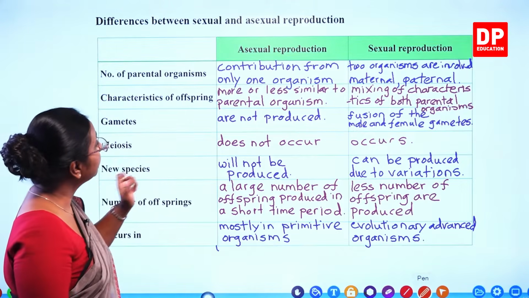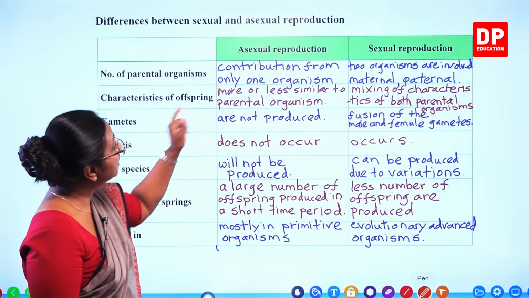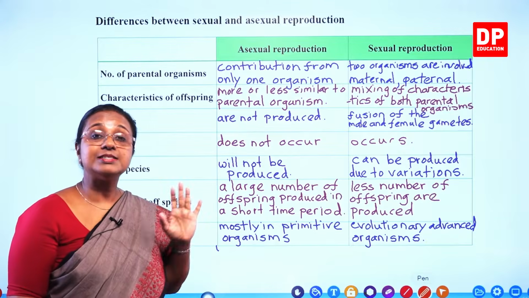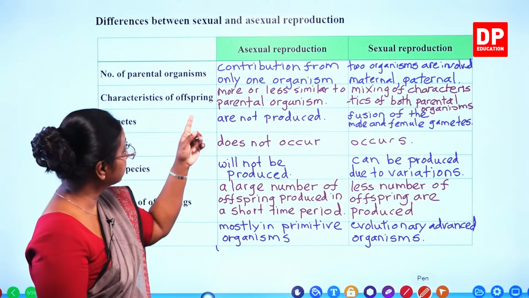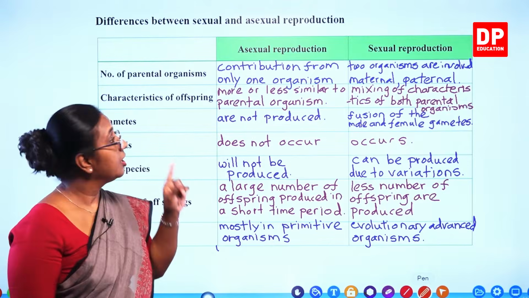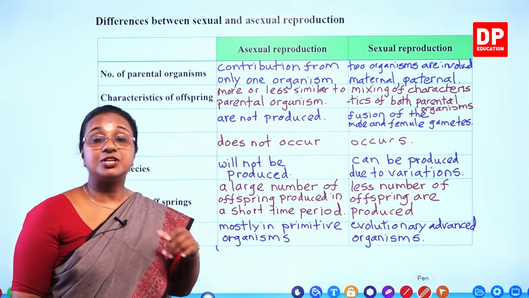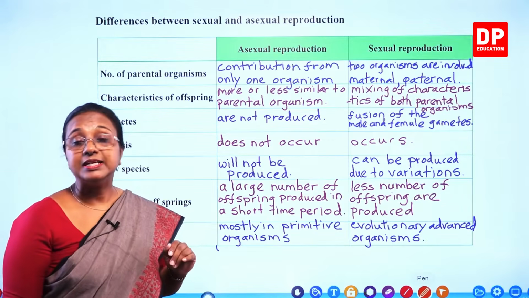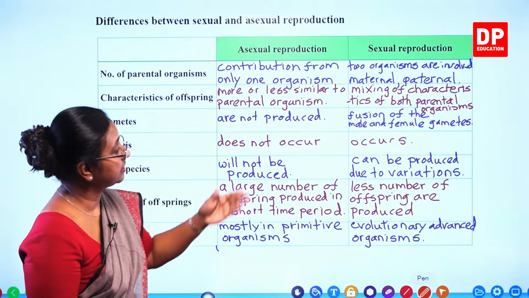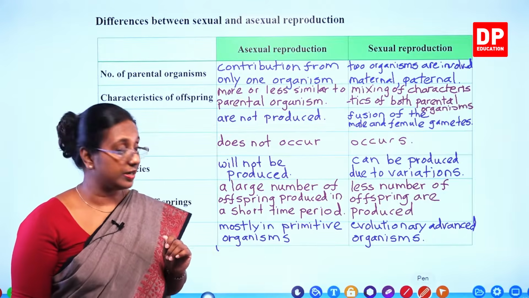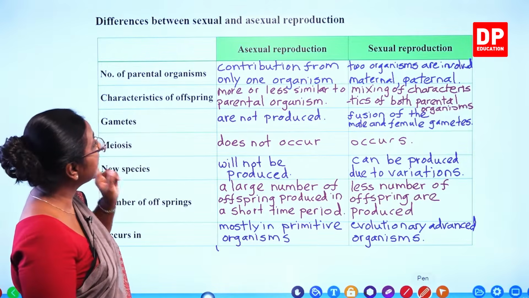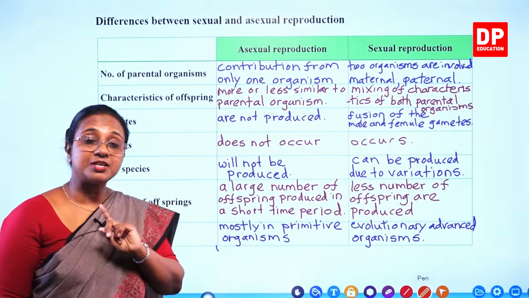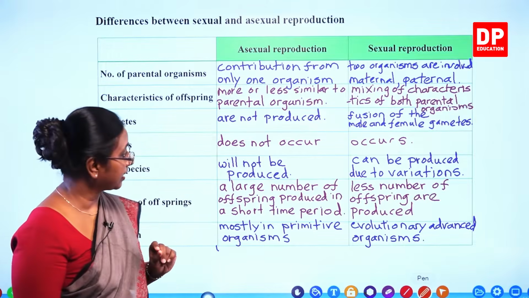Then if we look at the characteristics, the offspring are more or less similar to the parental organism in asexual reproduction. Whereas in sexual reproduction, there is mixing of characteristics from both maternal and paternal organisms, or we can say parental organisms. If we consider the gametes, in asexual reproduction, there is no gamete production.